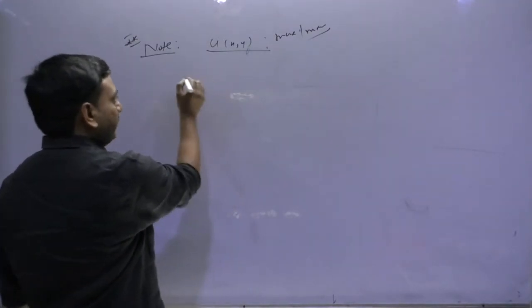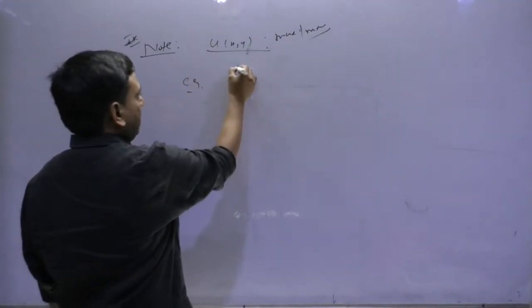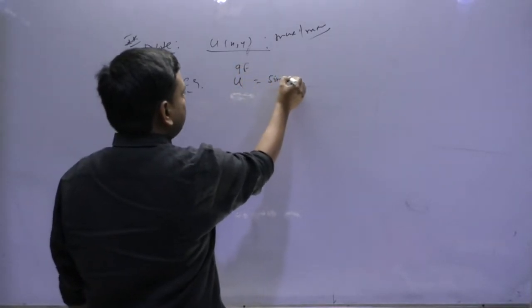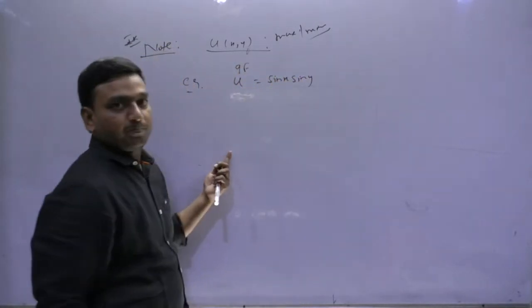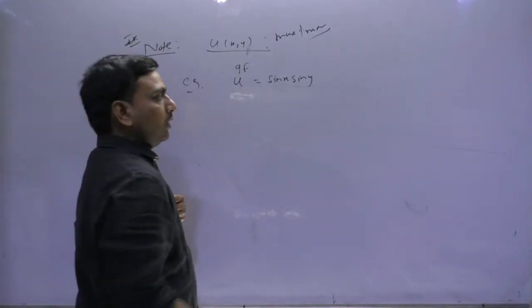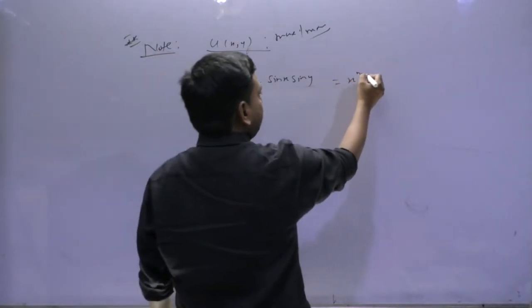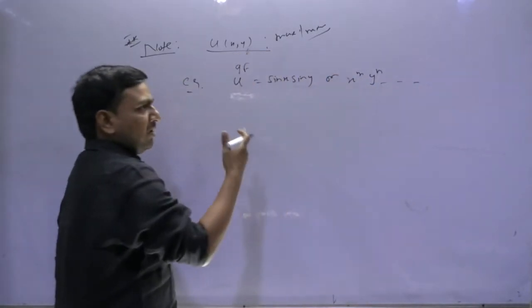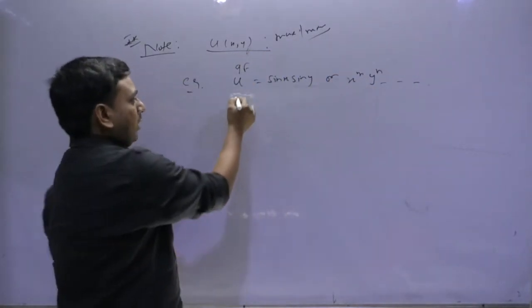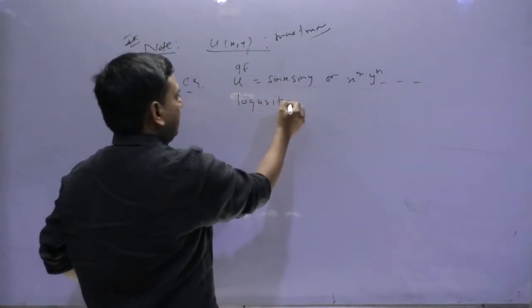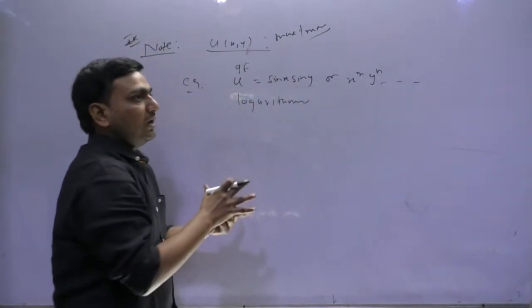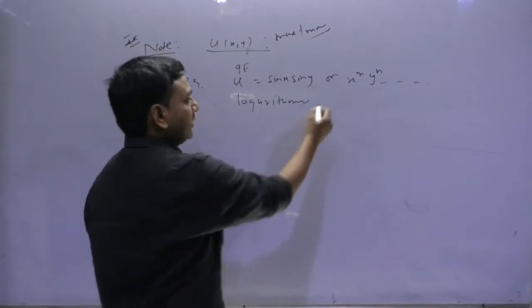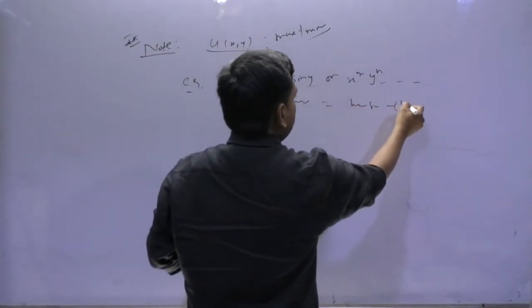It may happen, for example, if u is given as sin x sin y, or as x raised to the power m y raised to the power n, or something like that, with powers or multiplication. If I take log on both sides, log of u is equal to log of sin x plus log of sin y.